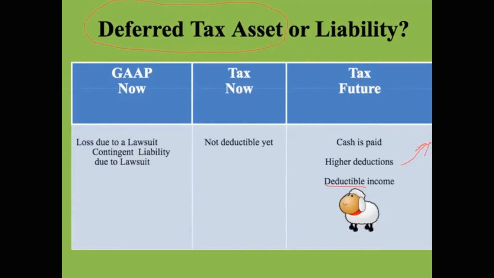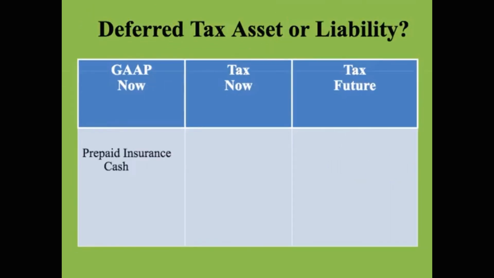Similar expenses or losses will be warranty expenses. That is very much popular. Let's take a look at one more. I'll give you this example. Let's pretend you are using normal accrual accounting for your books, but you are strictly cash basis on your tax. Okay. And you prepaid for your insurance. 1 year contract, well, 2 years, 3 years, whatever it could be, the longer the better, because we're talking about the future.